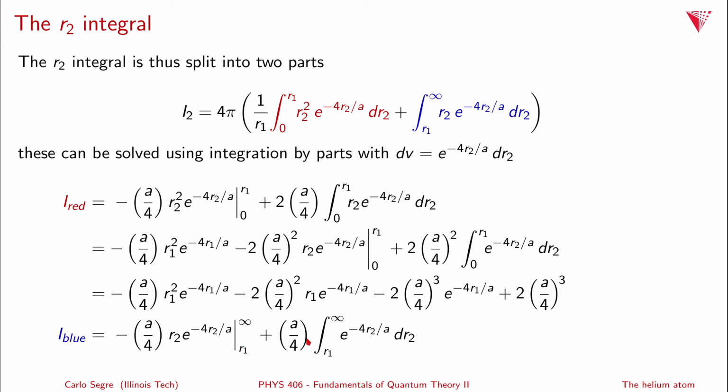And then you have the integral of a over 4 e to the minus 4r2 over a dr2 evaluated from r1 to infinity. The first term gives us a over 4 r1 e to the minus 4r1 over a, and the second term again gives me a over 4 squared e to the minus 4r1 over a, and the other term goes to 0.